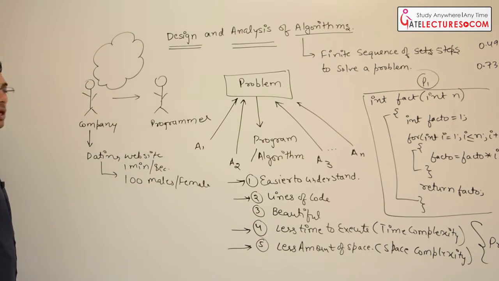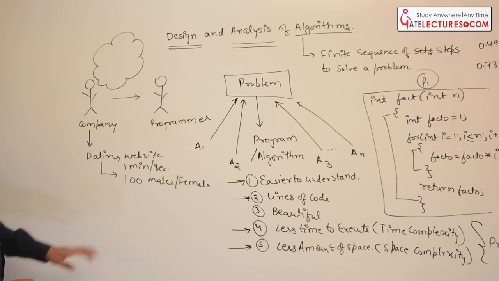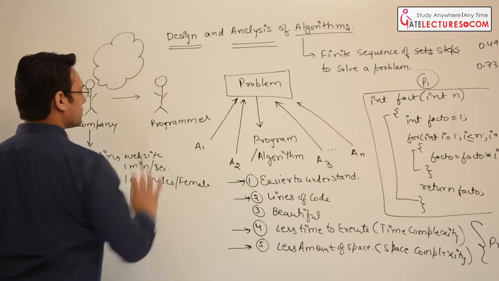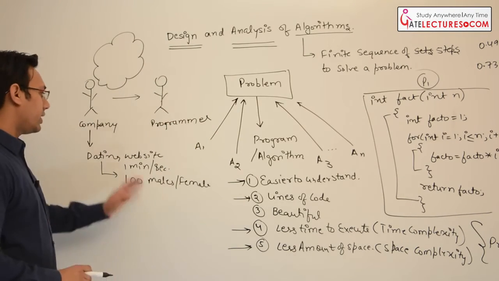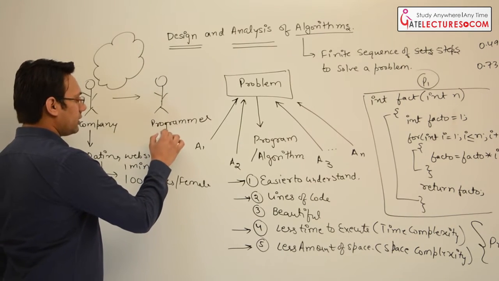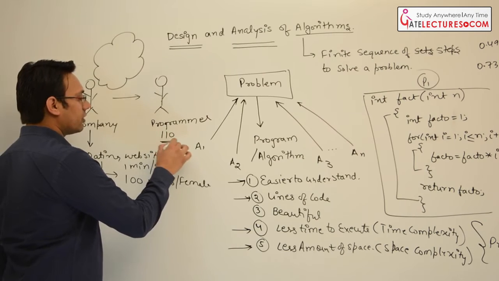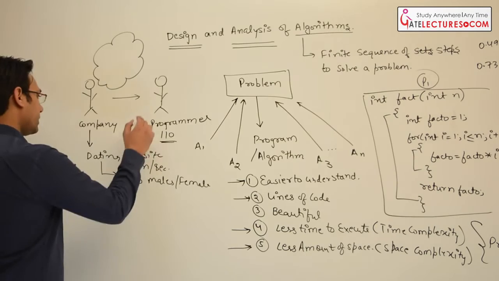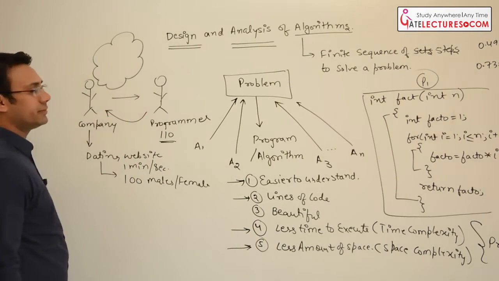So he says, please write a program for me. And you are very proud that you got a project and you are writing this program. You have done the program, and on your system it is giving you a list of 110 males or females around the area. And now you deliver this program to your client.